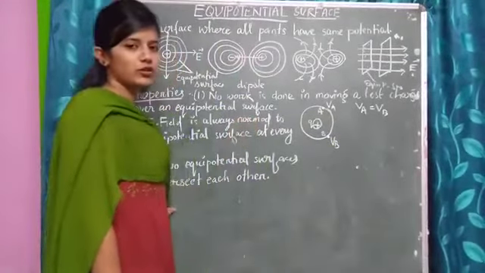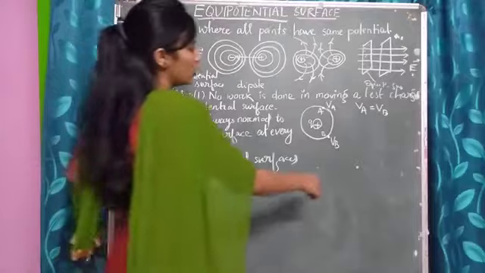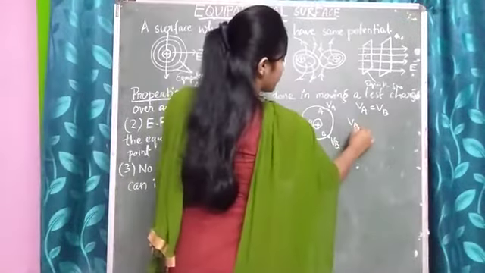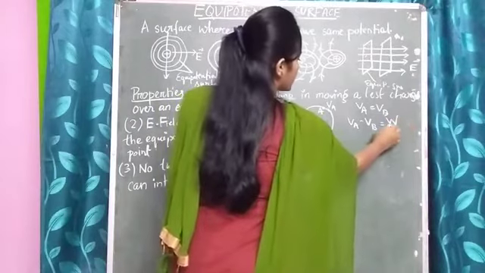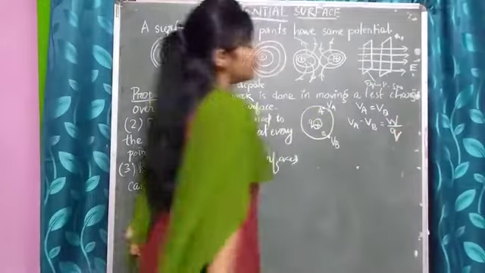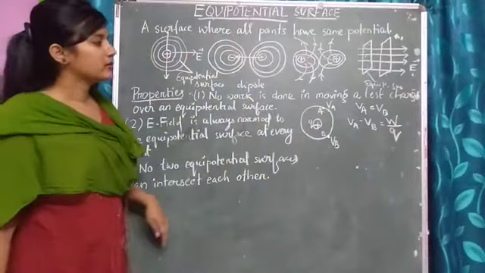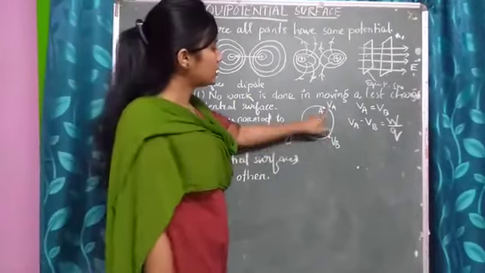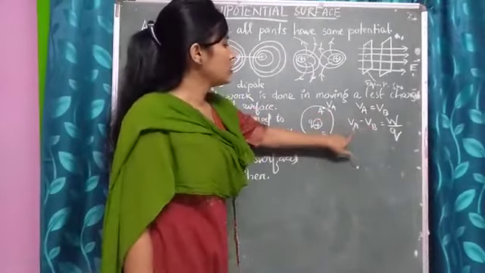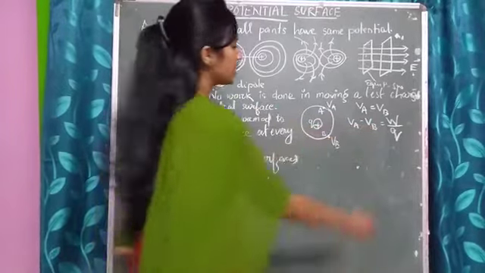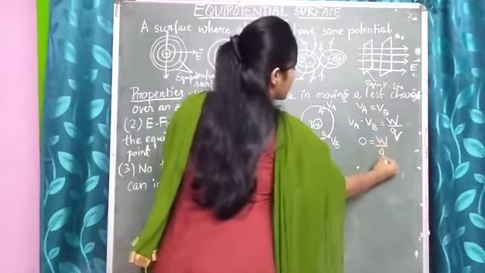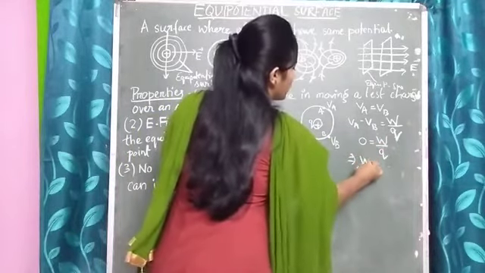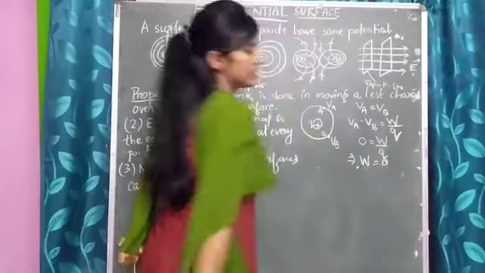Now use the formula: VA minus VB, the potential difference, equals the work done by the charge, W by Q. As VA equals VB, this difference becomes 0, so W by Q equals 0, and the work done is 0.